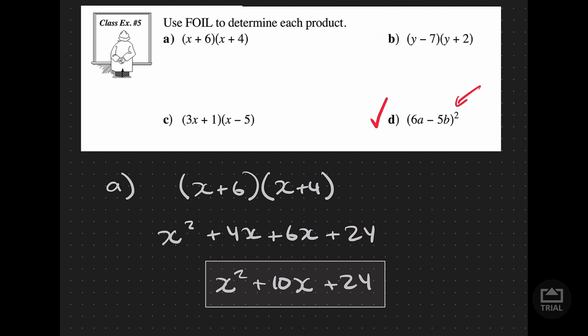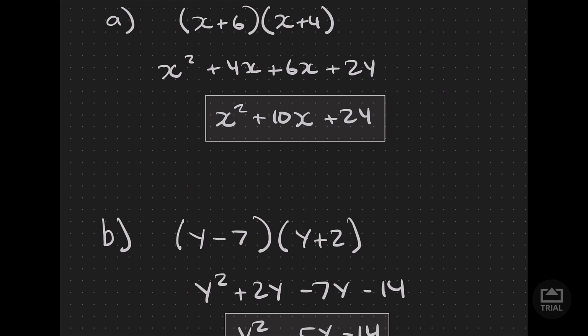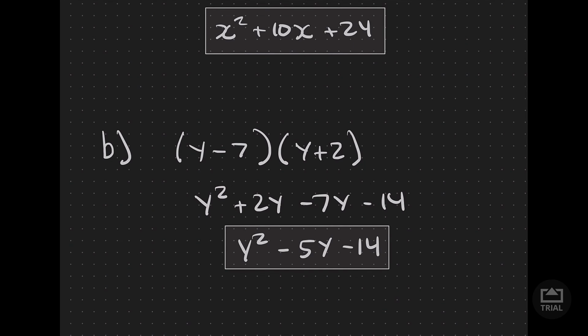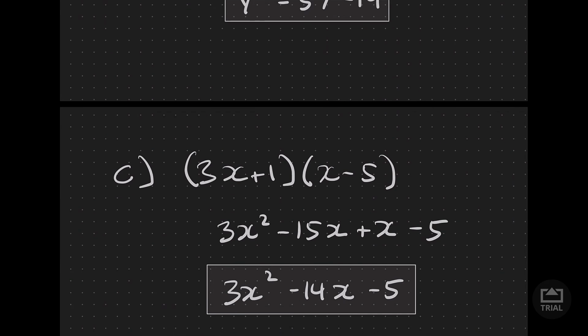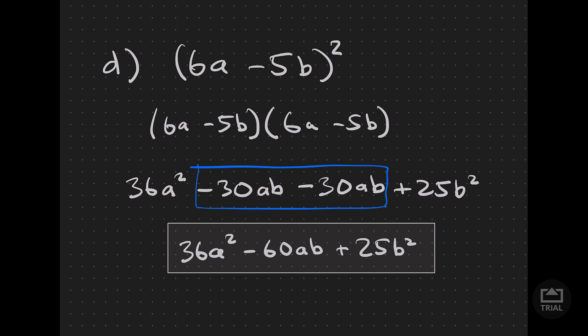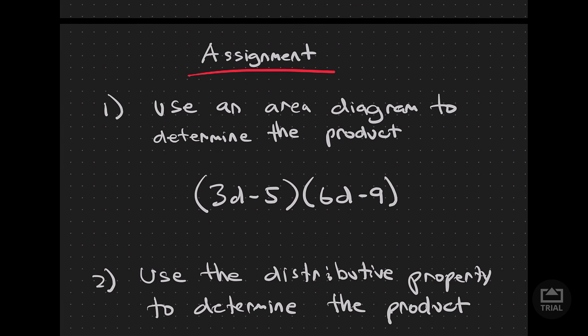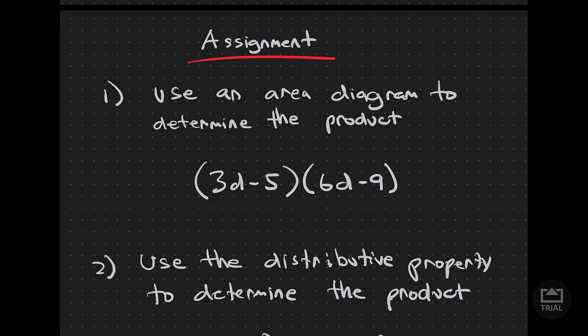All right, like I said, I finished off the rest of these. So there's the answer for A, the answer for B, the answer for C, and we already did D together. And now your at-home assignment is going to be to solve these problems right here.